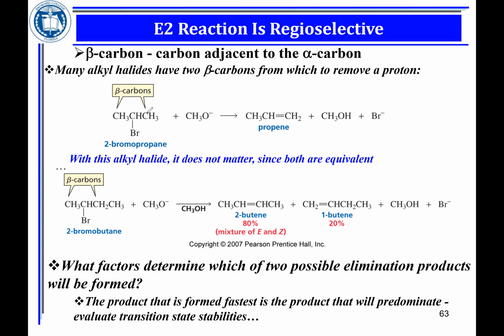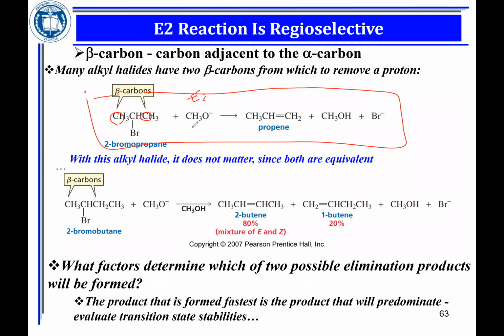Now, if you have two beta carbons, like in this example, and it's symmetrical, it doesn't matter which one is going to lose hydrogen. So is this an E1 or E2 mechanism? Can you tell me? E1 or E2? That's E2. Perfect. Why is it E2? Because you have a strong base.